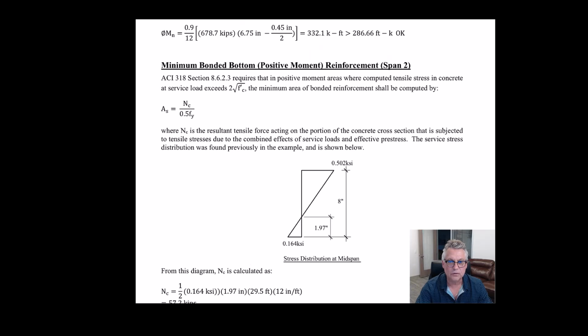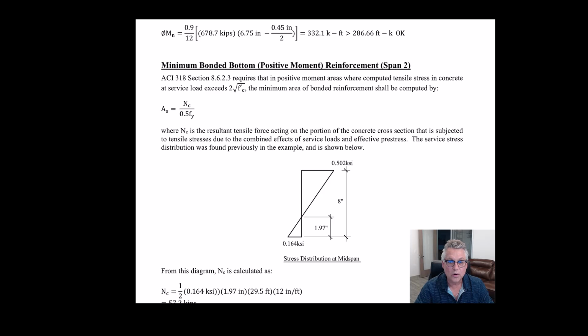So in reality, never ever market a crack-free slab. You're going to have a lot less cracking than a rebar slab, but never say it's not going to crack. And like I said, some pretty smart people decided at 2 square root f'c, let's put in bonded reinforcement in the bottom. And it's a good idea.